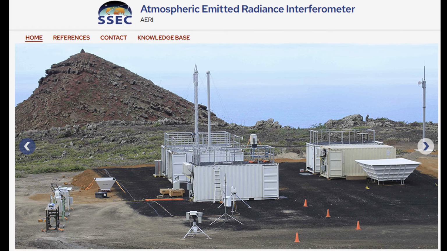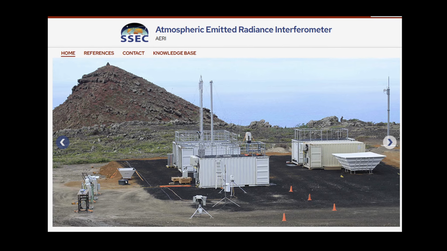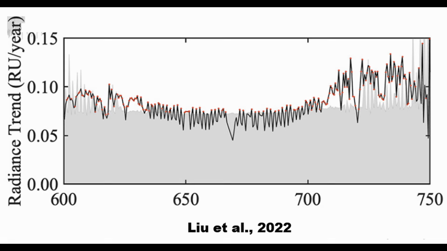This is real data. This is not a theoretical chart. This is a ground station measurement showing that the radiative forcing away from the peak is increasing. The peak is not statistically significantly increasing, but the wings around it are. This is a measured effect.